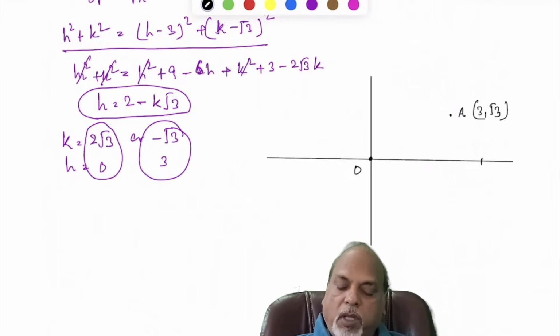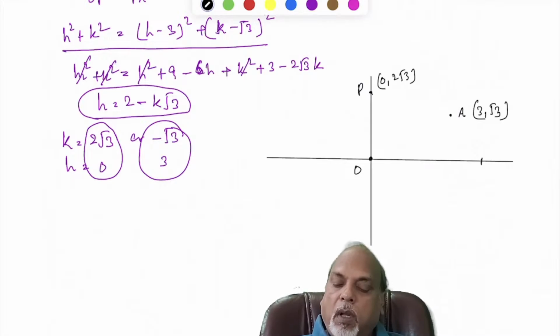And we have got the point, what is 0, 2, 3, means one point is P dash, that is 0, 2 root 3, and another point is your 3 minus root 3.